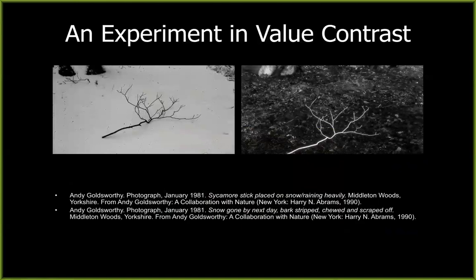Sometimes artists will use value and contrast just to create pieces of visual art that don't really carry a message, but are just statements about light and dark. Andy Goldsworthy is an artist who works in natural materials. And here he's taken the same stick on 2 consecutive days. In the photograph on the left, there was a fresh snowfall, and the stick, the branch, is very dark against the light snow.